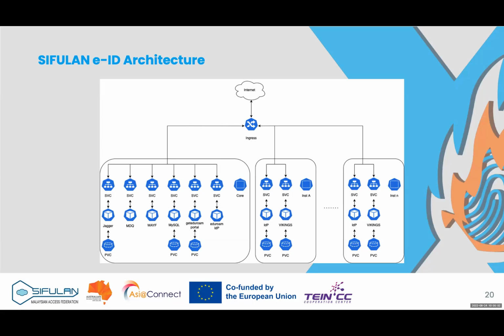For example, if one Kubernetes node is down, Kubernetes will automatically assign the instance, or the pod, to another available node. And in fact, you can run multiple pods if you would like to have load balancing for each IDP. That's also possible.